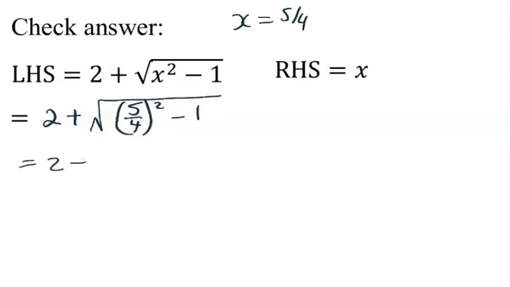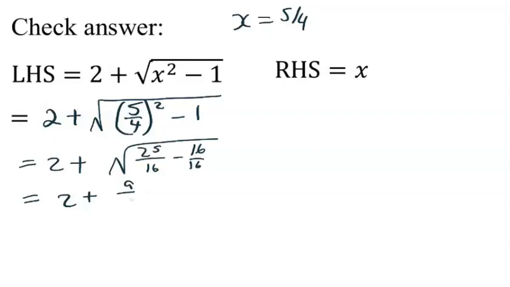And if we simplify here, we get 25 over 16 minus 16 over 16. That will give us 2 plus the square root of 9 over 16, still inside the square root, which results in 3 over 4.